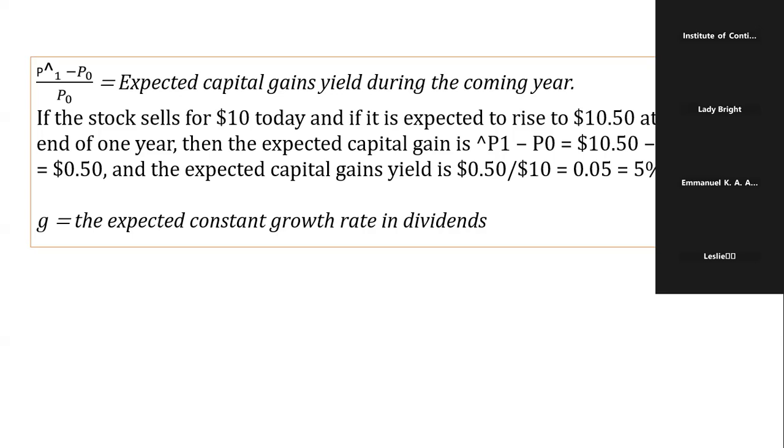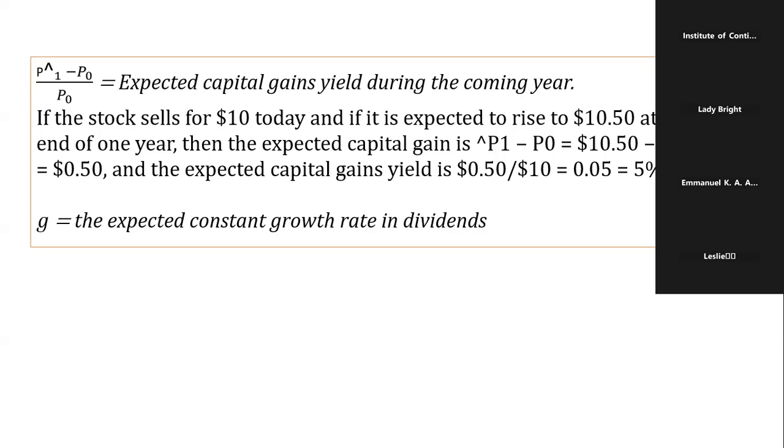You want to look at the percentage gain in terms of yield. So you have $40 minus $20 over $20, which gives you 100%, if my calculation is right.